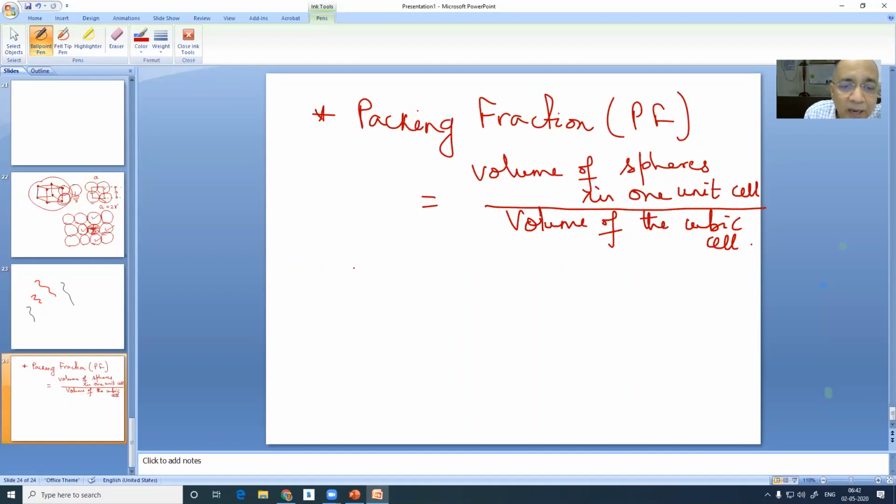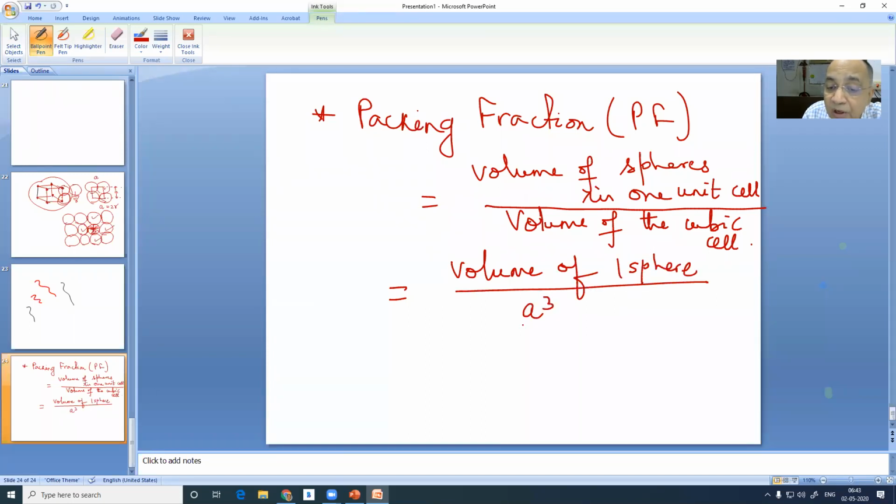Now let's see what happens here. Obviously, volume of spheres in a simple cubic lattice: there is only one sphere, that you know, 8 into 1 by 8 is equal to 1. That means volume of one sphere, one atom, divided by a cube, because the unit cell is a cube, and therefore we take the edge length a cubed.